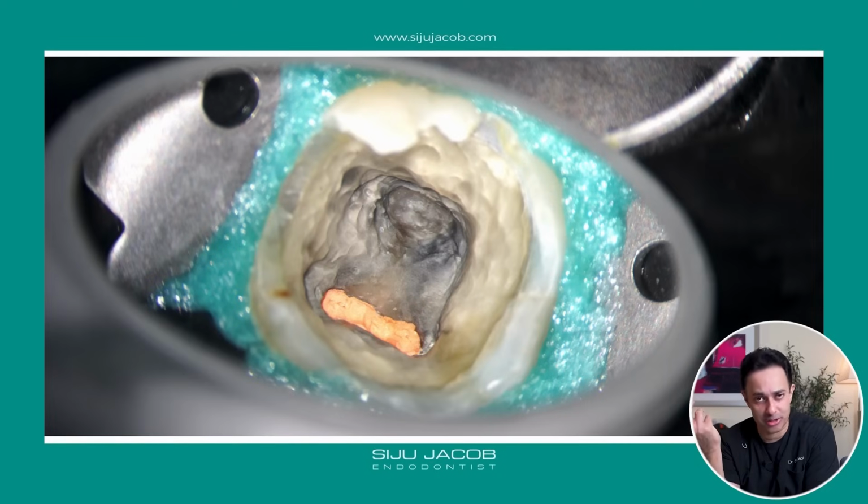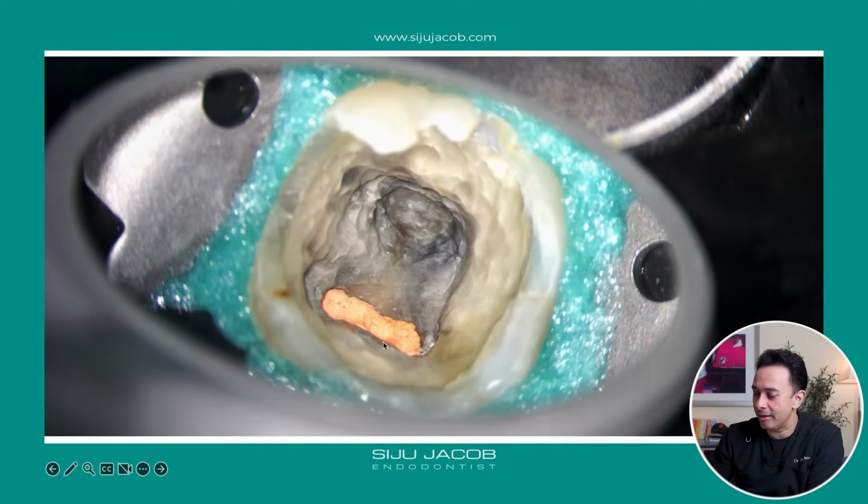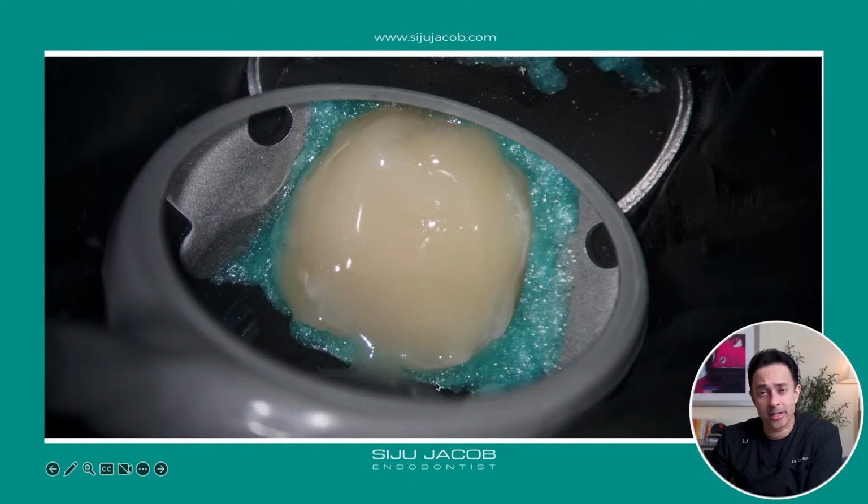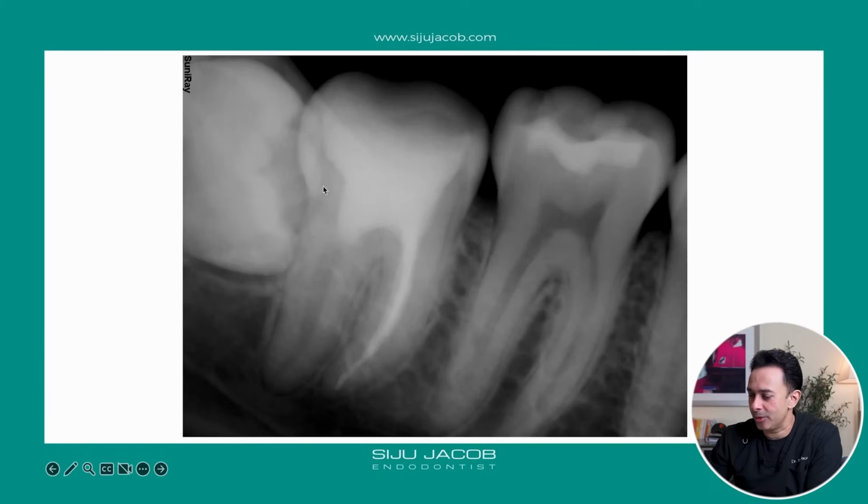So why go there in the first place? So I cleaned, shaped and obturated the mesial half and then restored it with glass ionomer, instructing the patient to come back and then plan for something definitive. Because for this patient, the restorative prognosis is not great, even at this stage, but he's still a young boy. So we thought this is a much better alternative.